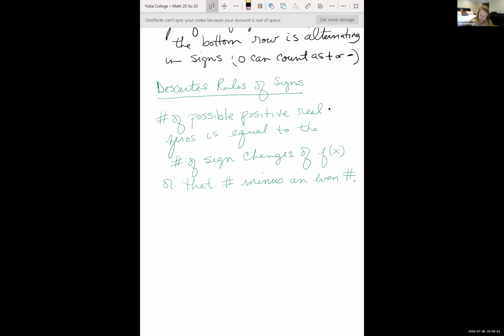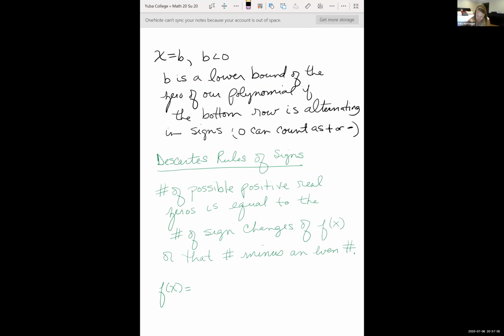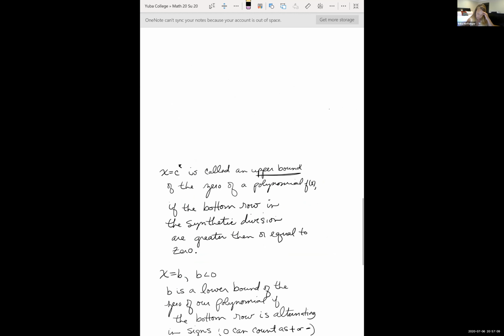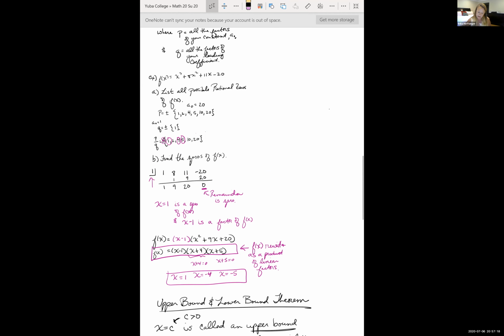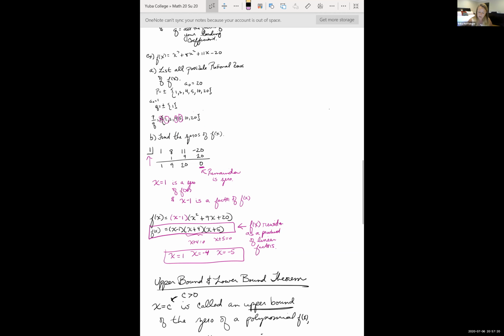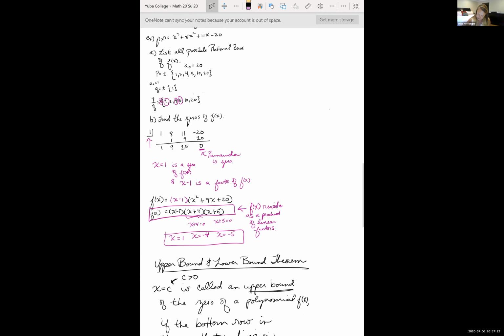So let's go back to what we had before. f of x was equal to x cubed plus 8x squared plus 11x minus 20.